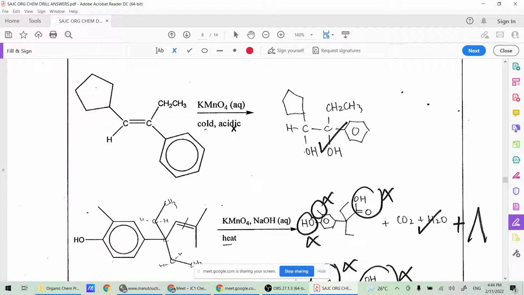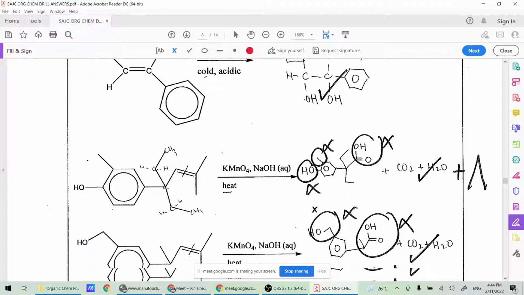Now this is cold oxidation, but it's acidic. It doesn't really impact at this point because there are no alkaline groups here that would react with acid. So you just do the mild oxidation. Even though it's acidic, we don't have any alkaline groups here, so it will not react with the acid.